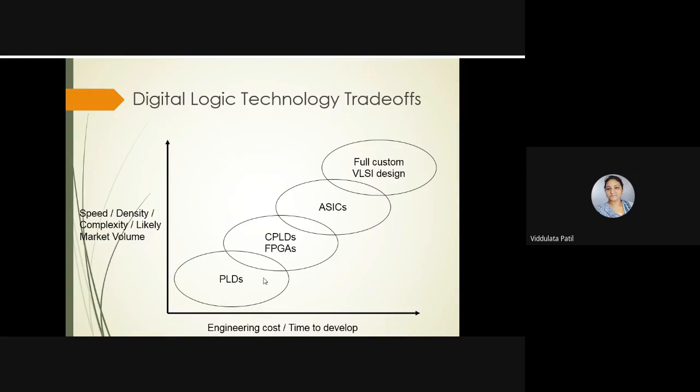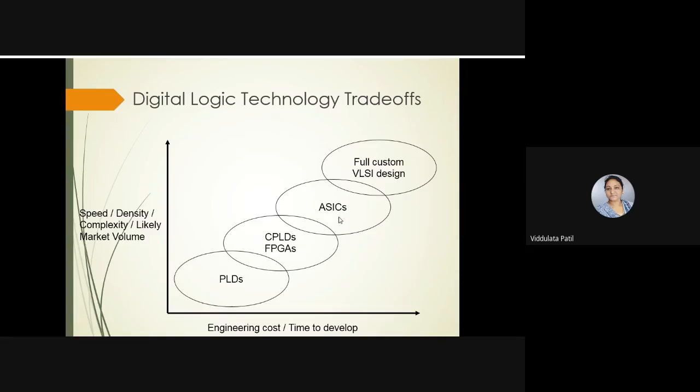Then if you are moving towards CPLDs or FPGA, it is likely to increase the cost of the device as well as the time to develop, but at the same time you are getting good speed there. Okay, and the complexity of the circuit can increase.